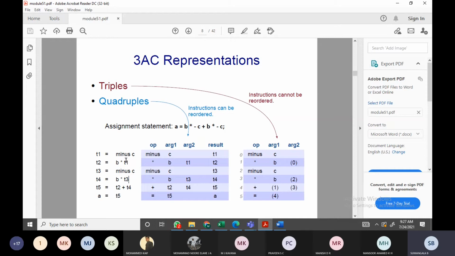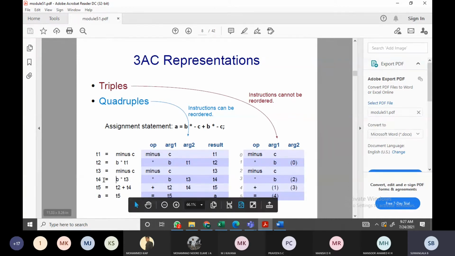The intermediate code generator just goes on writing the code, but the code optimizer will try to reduce it. You will see in the next part how we can avoid this T3.